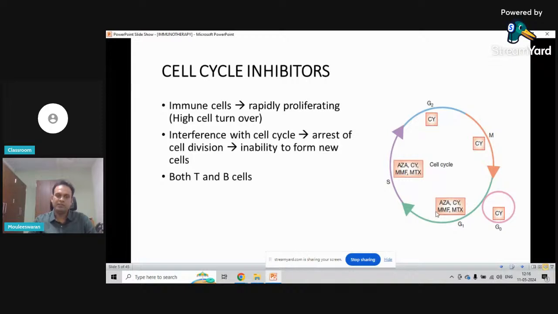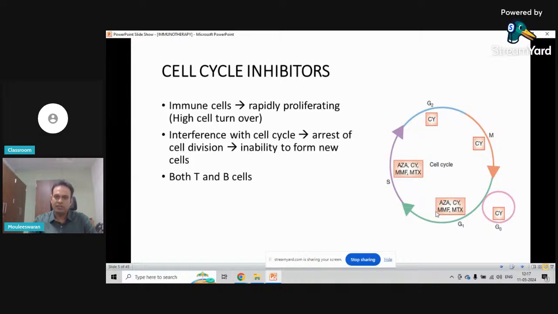So interference with any part of the cell cycle can result in arrest of cell division and inability to form new lymphocytes, thereby resulting in arrest of immune progress. Basically, we have azathioprine, cyclophosphamide, mycophenolate mofetil, and methotrexate, which are commonly used as cell cycle inhibitors in autoimmune neurological diseases.